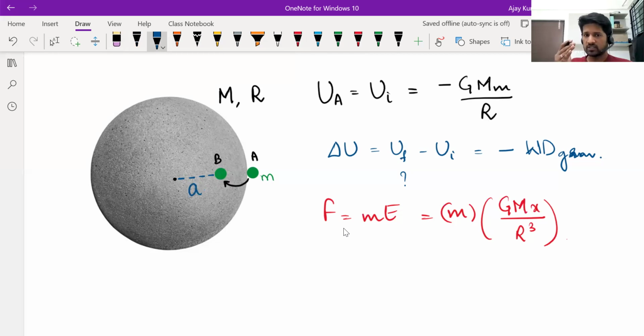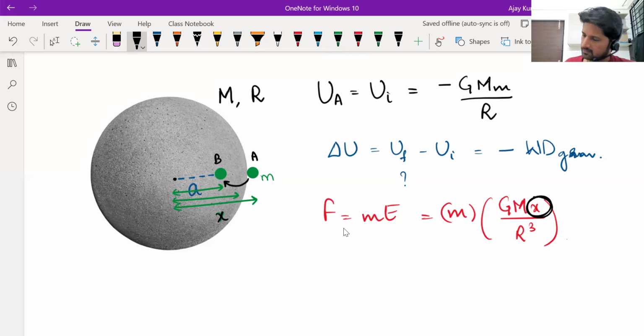We want to know the potential energy when the particle is at a distance a from the center. Now, as the particle is taken from the surface to this position, from A to B, at different instants it will be at different distances from the center. That distance is what you call x in this formula.